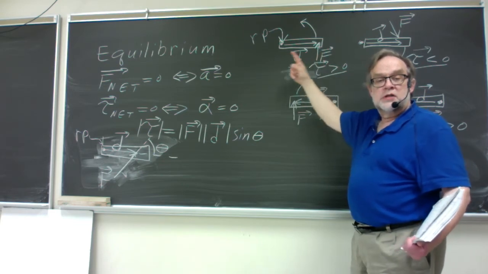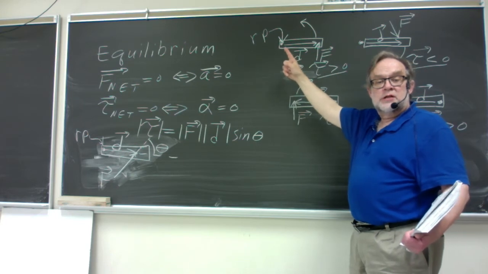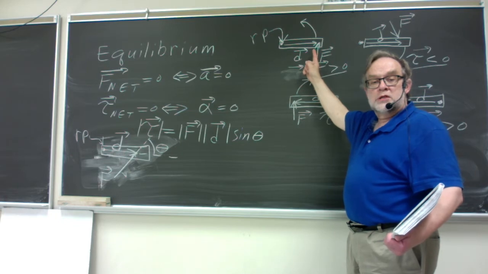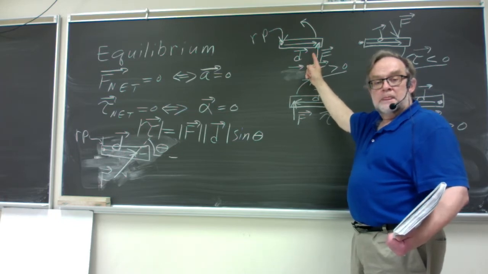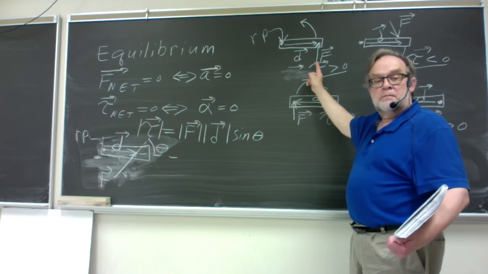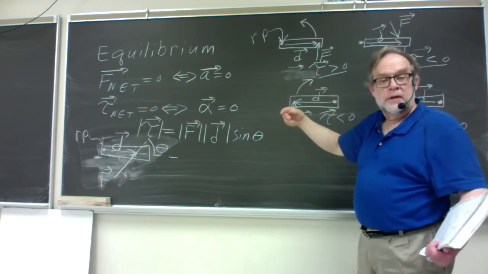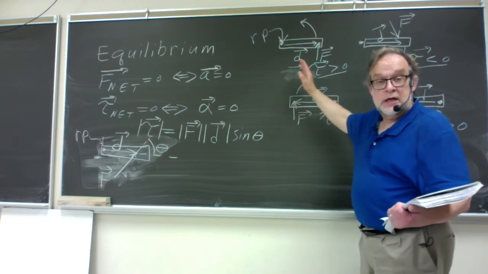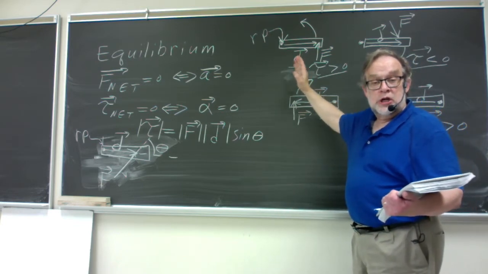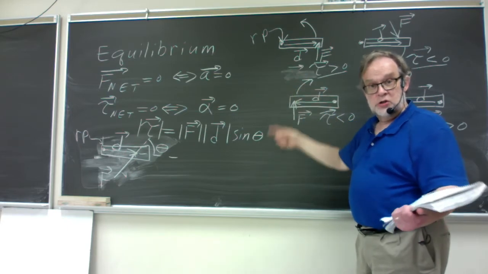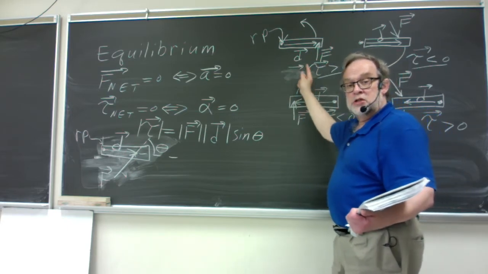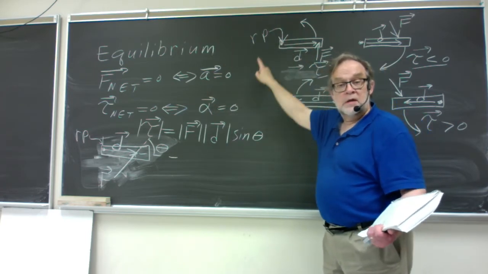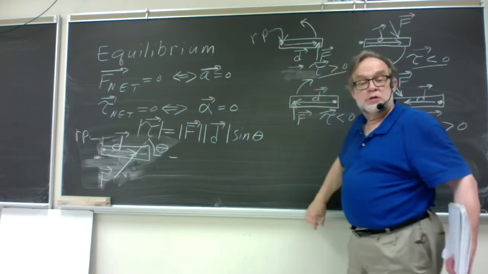So there's the force, and then there's the displacement vector that takes you from the reference point to the point where the force is applied. If this force starts pushing, it causes a torque. And torque changes the rotational state. In this case, the rod's rotational state changes from no rotation to, well, push it this way and it starts to rotate counterclockwise. Counterclockwise with respect to this reference point.